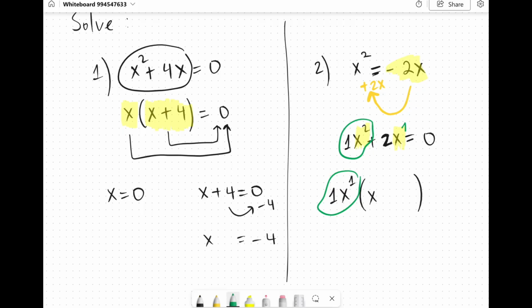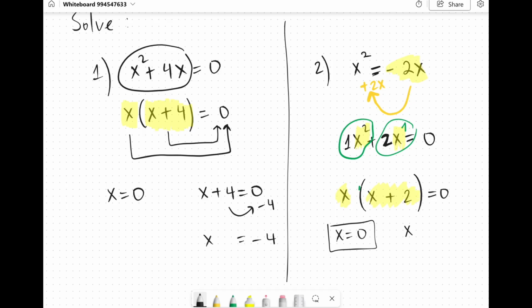And if you divide 2x to the first by the same 1x to the first, you get a positive 2. And that's equal to 0. I will clean it up a little bit. I will remove my green circle, and I will also remove this exponent of 1 and this 1, we don't need them. So you got your two factors, your x and your x plus 2, and you set each equal to 0. So your x is 0. That's your first answer. And then x plus 2 equals 0 creates the answer of negative 2.